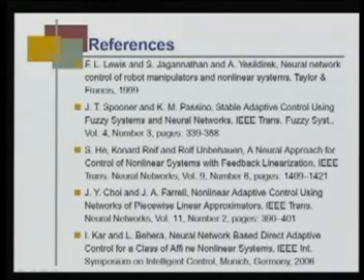Choi and Farrell, nonlinear adaptive control using networks of piecewise linear approximators, IEEE Transactions on Neural Networks, volume 11, number 2. And this is our paper, Indrani Kar and myself, neural network based direct adaptive control for a class of affine nonlinear systems.